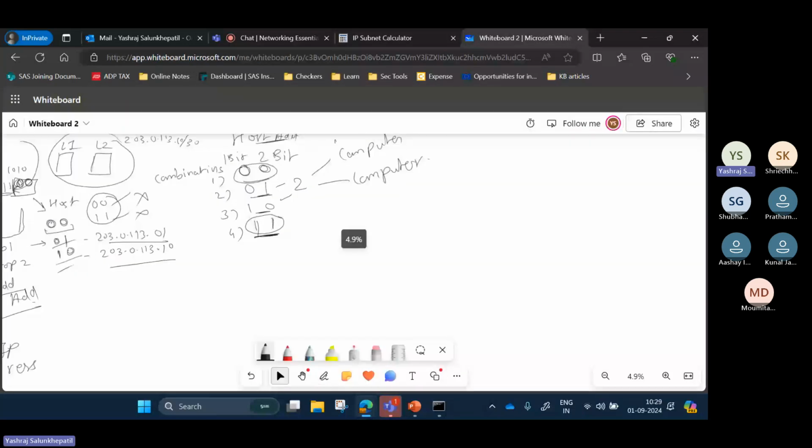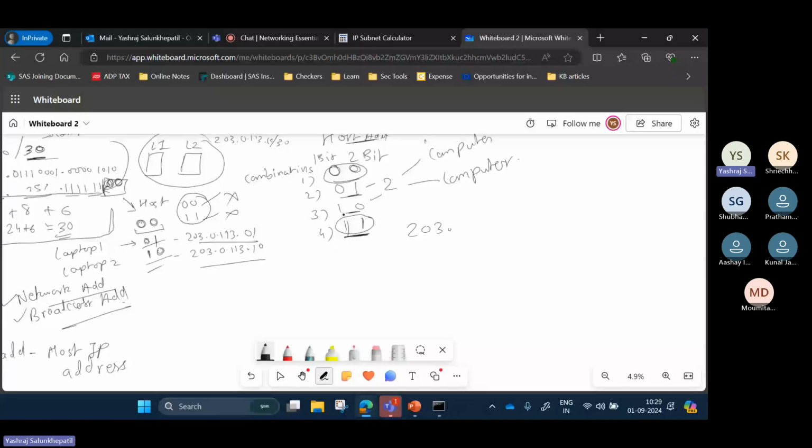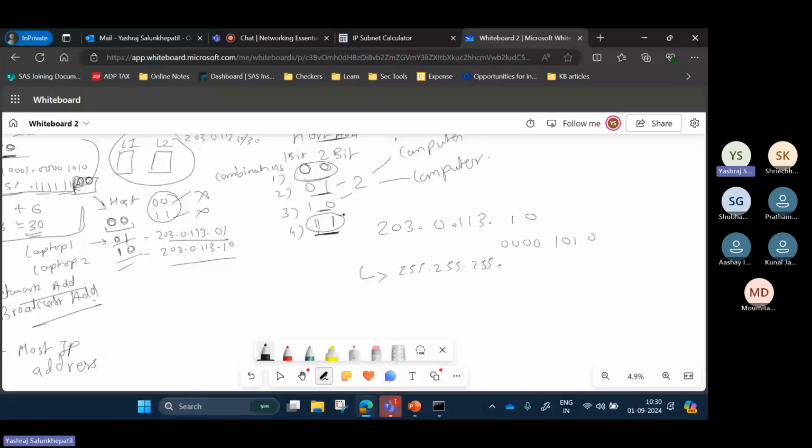ठीक है, वो कैसे होता है I'll tell you. See, 203.0.113.10. Let's focus on the last part. 01010. हमारा सबनेट मास्क क्या था? यहाँ पे 255 था, 255, 255 और यहाँ पे था I think 0 था, right? /30. /30 मतलब 11111100. ठीक है.